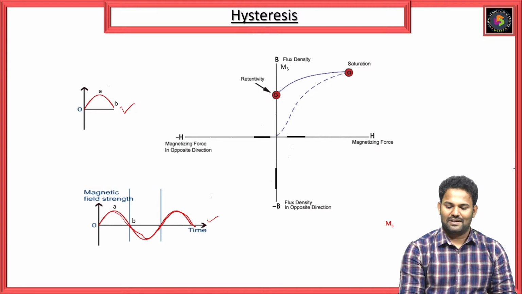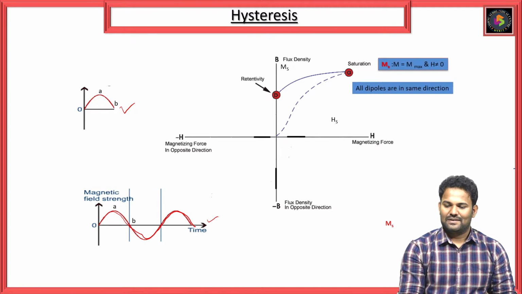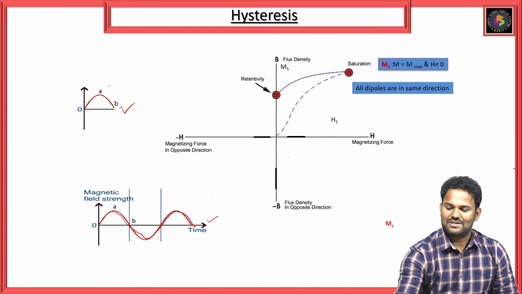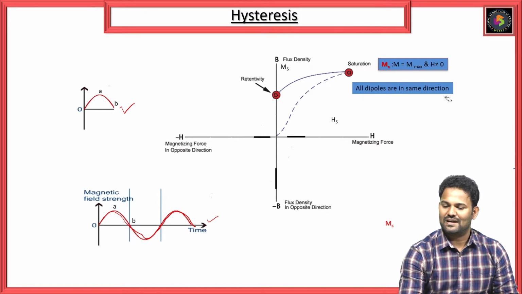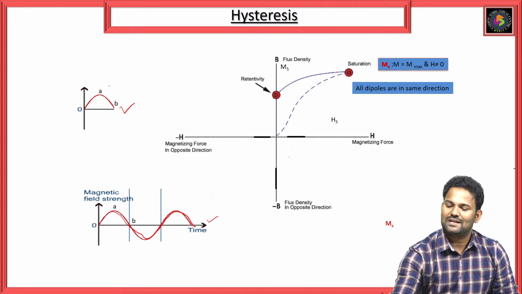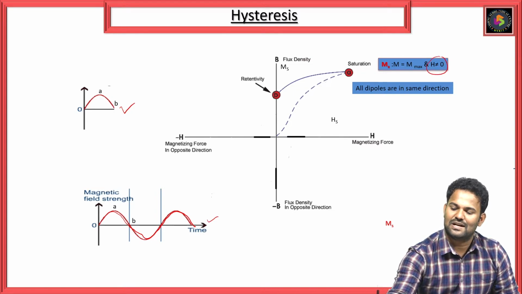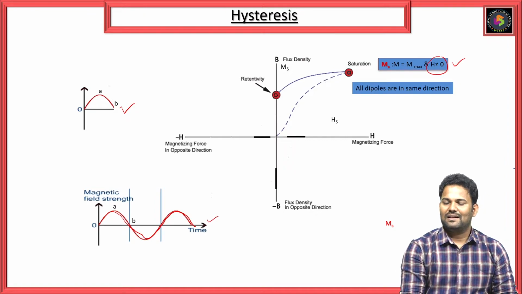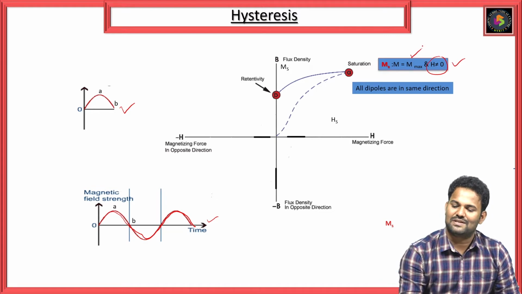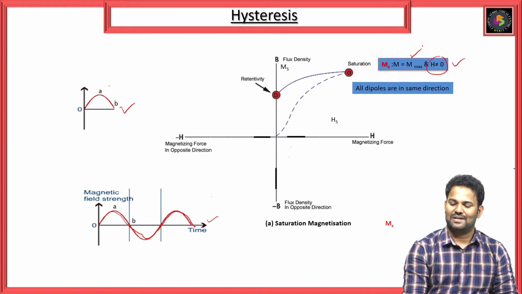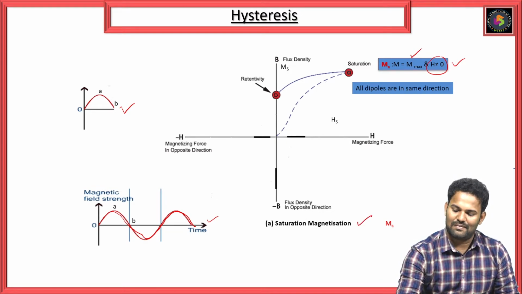All dipoles are in the same direction, and where we apply the magnetic field, H is not equal to 0. Then we receive the maximum value, M is the maximum, and that point is known as saturation magnetization.